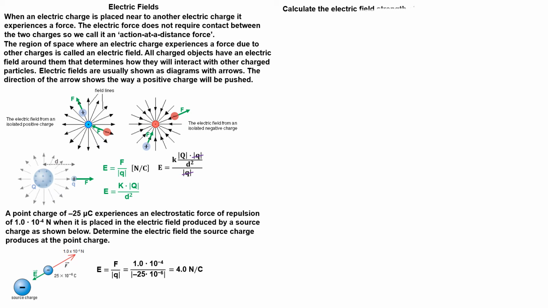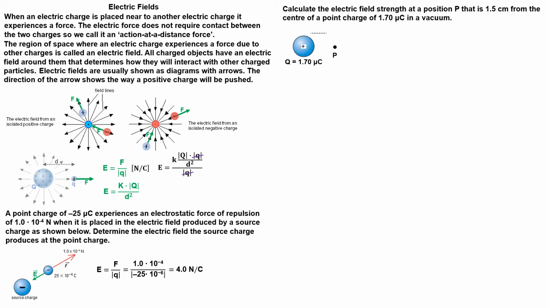Calculate the electric field strength at a position P that is 1.5 centimeters from the center of a point charge of 1.7 microcoulombs in a vacuum. This problem concerns the electric field due to a point charge.